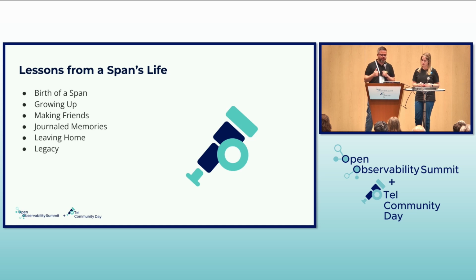The phase where Spanley started growing up means, in the distributed tracing area, adding attributes, enriching the data, logging events, and so on. And the journaling memories is about the span processing. Leaving home is the phase where Spanley got exported, and Spanley's legacy is about the visualization.